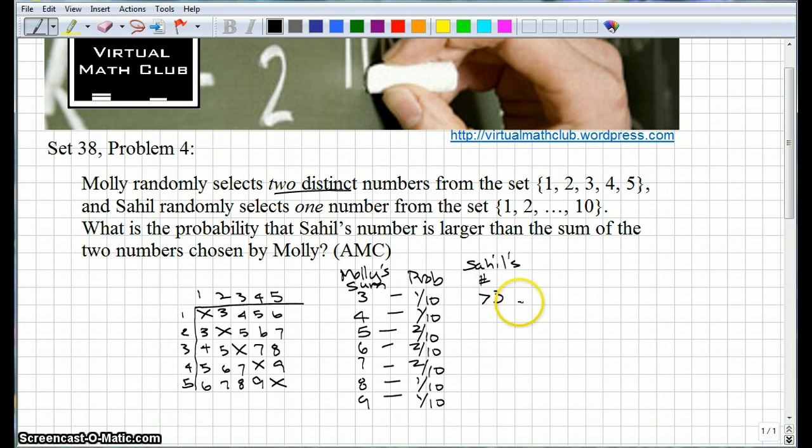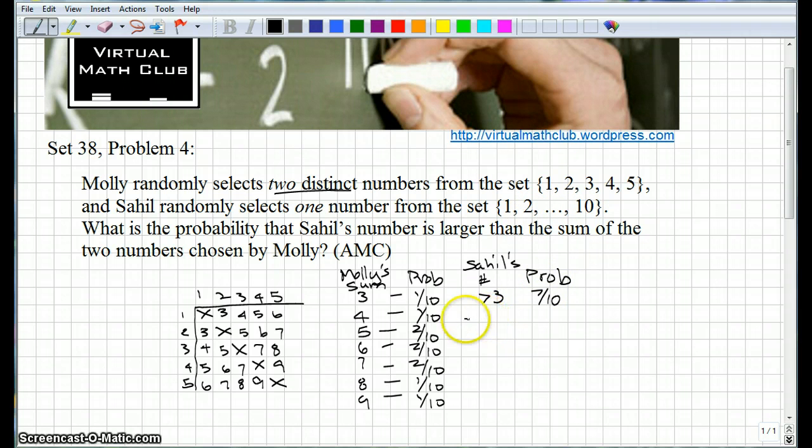How many numbers are 4 or bigger? 4, 5, 6, 7, 8, 9, 10. So that's 7 out of 10 numbers. The probability, if he's choosing at random, is 7/10, because there's 7 numbers out of these 10 that are greater than 3.